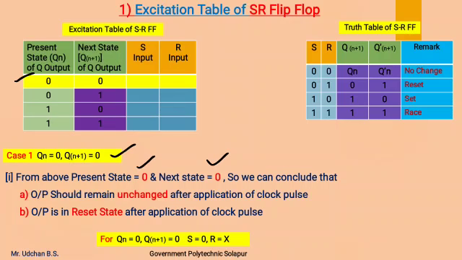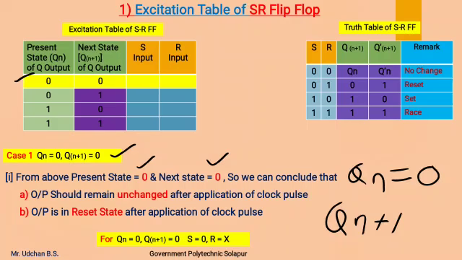So we can conclude that the output remained unchanged after the application of clock pulse. That is, before the application of clock pulse Qn was 0, and after the application of the clock pulse Qn plus 1 is also 0, means the output has not changed.